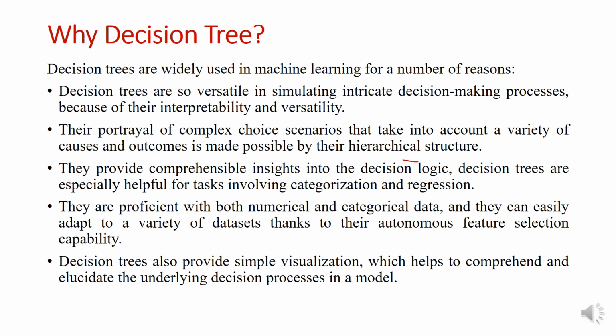Decision trees are especially helpful for tasks involving categorization and regression. They are proficient with both numerical and categorical data, and they can easily adapt to a variety of data sets thanks to their autonomous feature selection capability. Decision trees also provide simple visualization, which helps to comprehend and elucidate the underlying decision processes in a model.